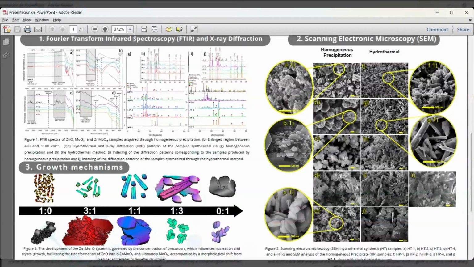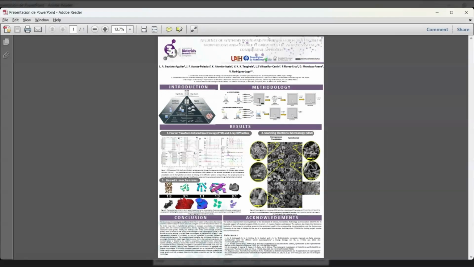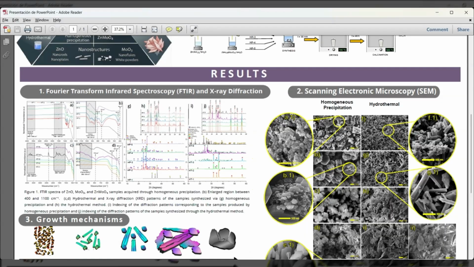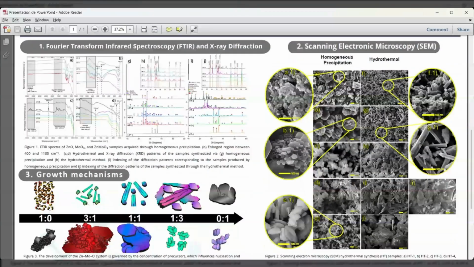In conclusion, both synthesis methods demonstrate the clear composition-dependent evolution of the zinc molybdenum oxide system. Increasing the molybdenum content promotes a transition from zinc oxide toward zinc molybdate and eventually toward molybdenum oxide phase. However, the synthesis method also strongly influenced the evolution. Homogeneous precipitation favors a more direct transition toward alpha zinc molybdate, with HP3 showing the most representative zinc molybdate composition.